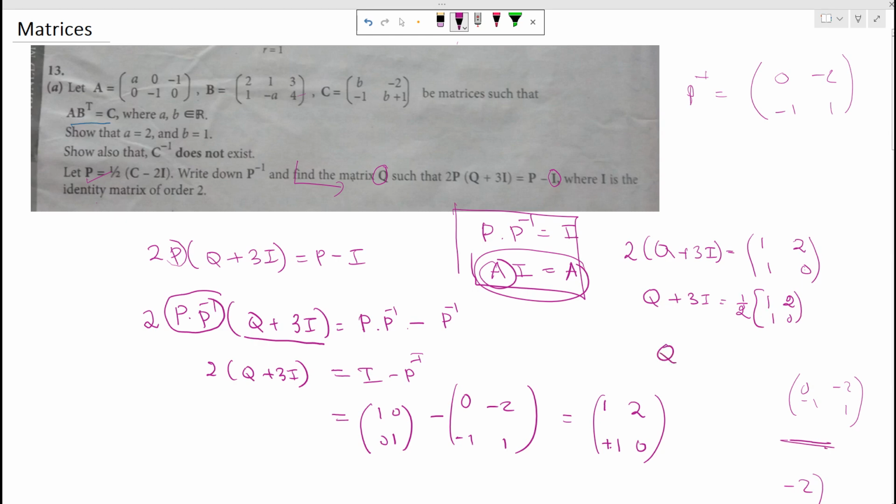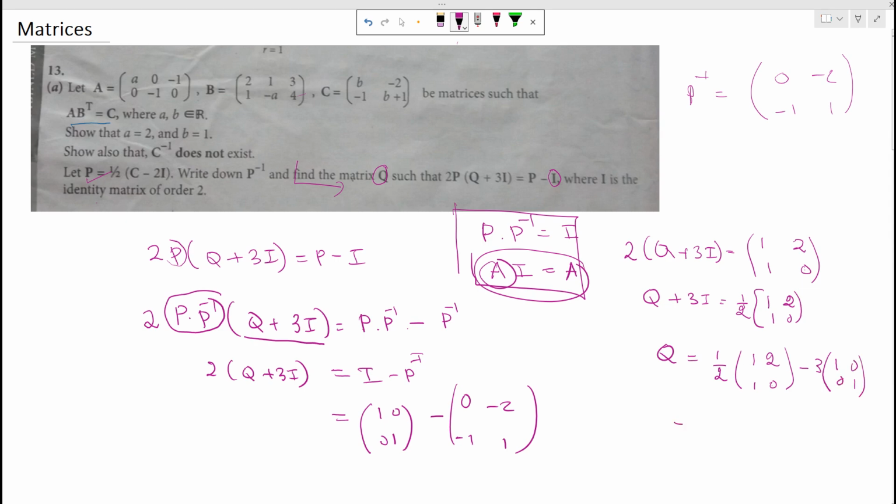Now I need Q, right? For that I have to just bring this 3I to the other side. So Q will be equal to half into 1 2, 1 0 minus 3 into, instead of I, I can put 1 0, 0 1.